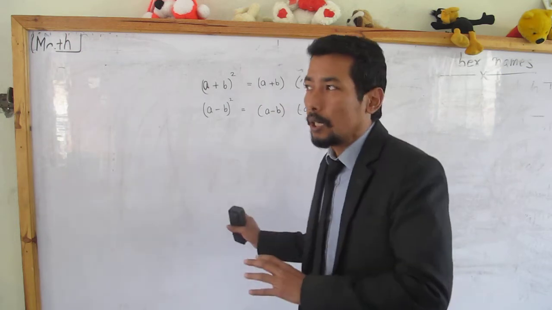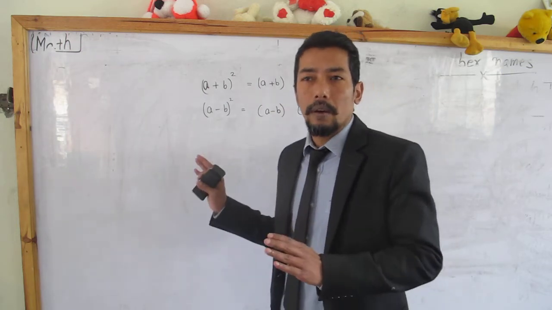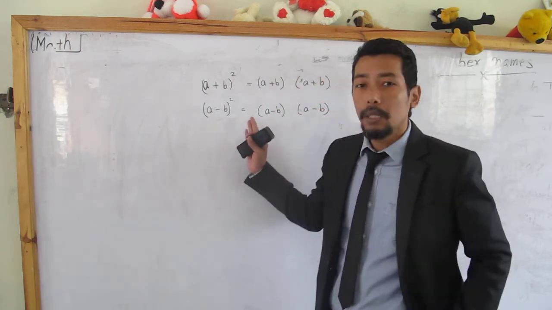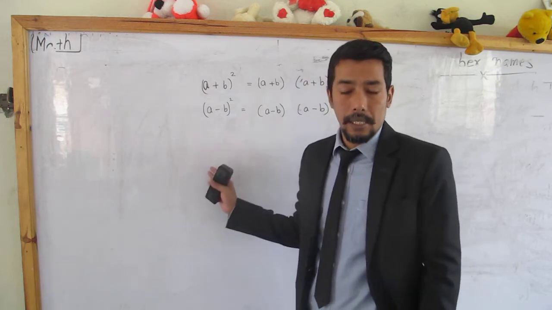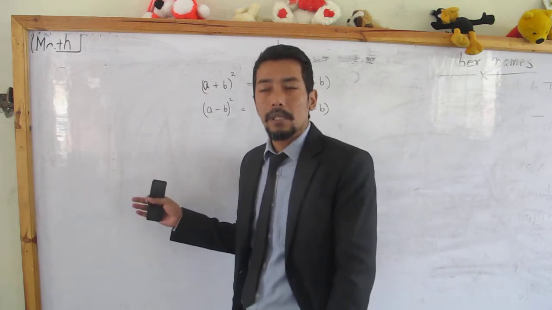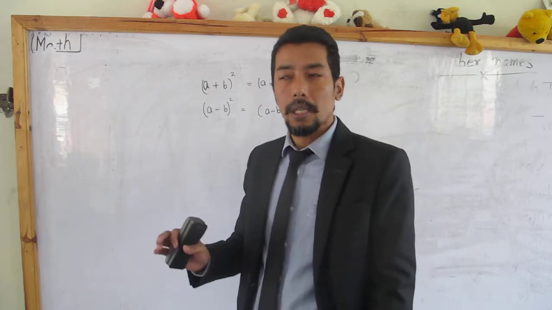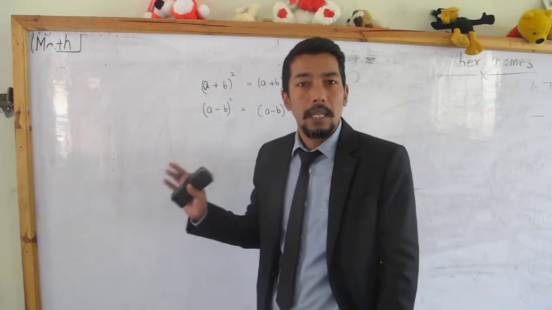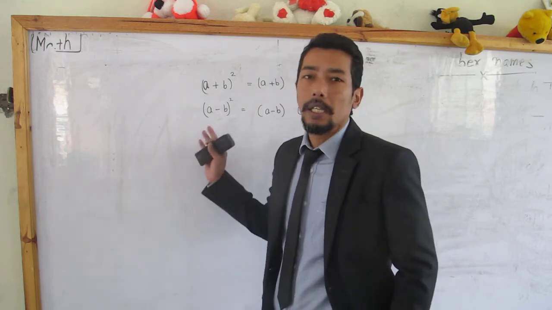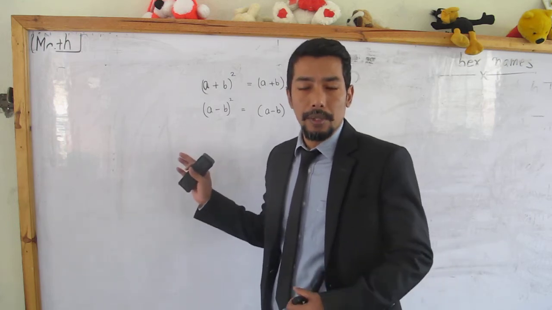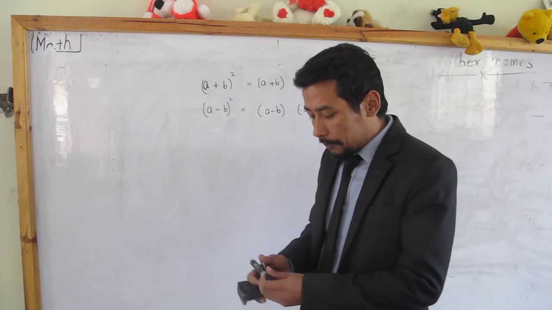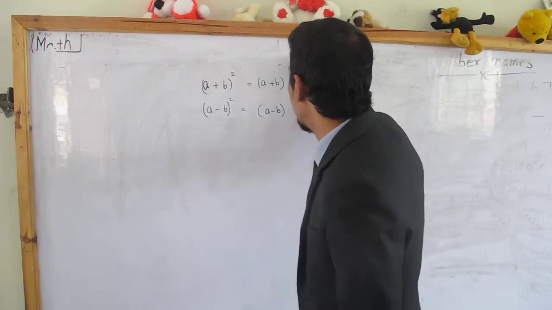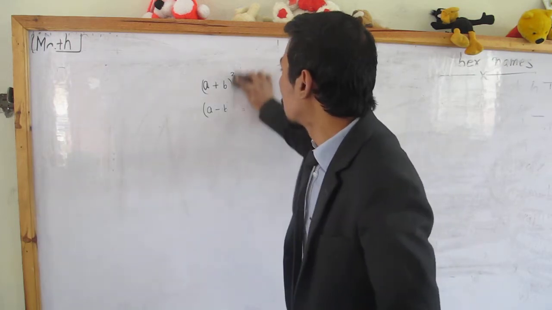Today let's focus on factorization, because these are the places where, when our teachers correct your papers, they find mistakes. Anyways, let's see some sums and try to solve them.